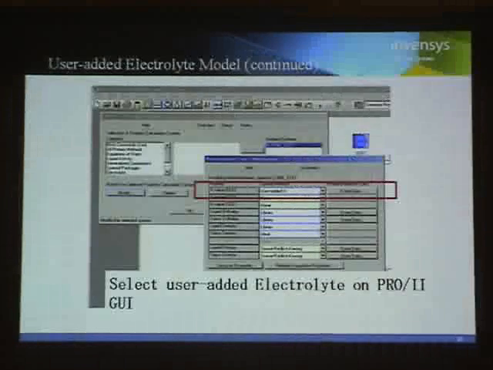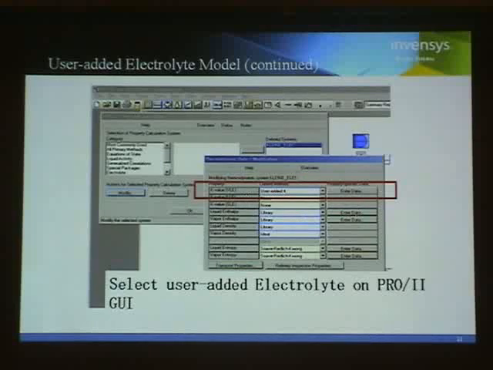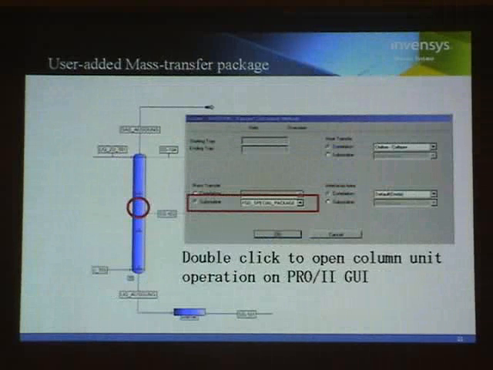Implementing these DLLs, if you open Flue, you can find the user-added electrolyte model, and you can select this one on the graphical user interface. You can also select the user-added module for mass transfer on the GUI, which opens by double-clicking the RateFrac unit.